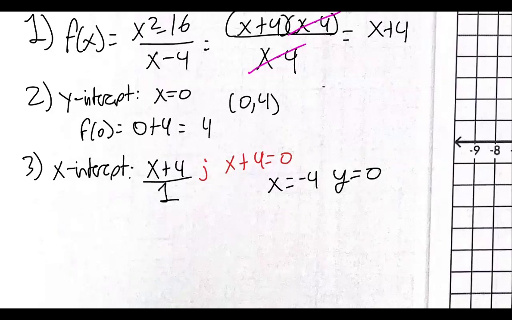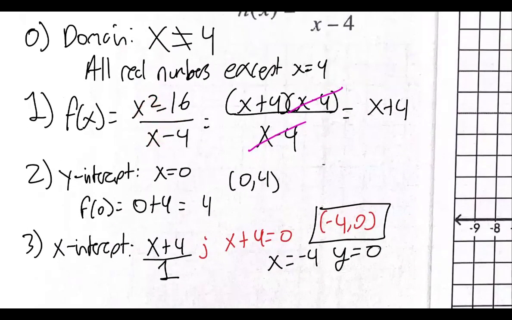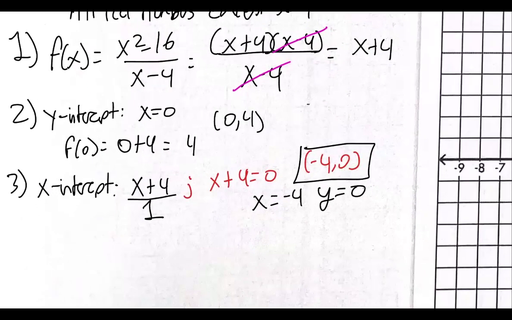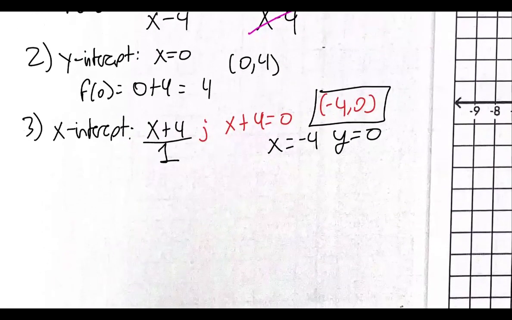So my x-intercept is negative 4, 0. And you can double check this. Plug in negative 4 into this equation, and you will indeed get 0. So you can double check your work if you want. But yeah, that's the x-intercept.